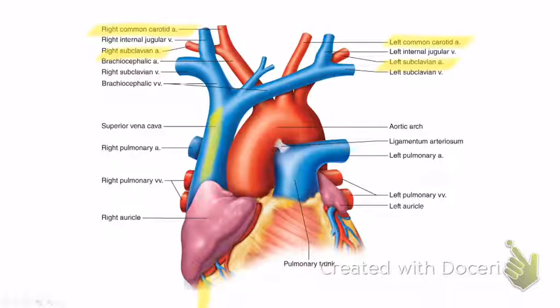Up and down, right? Okay, right and left brachiocephalic vein. It says on both sides there. Right and left subclavian vein. Right and left internal jugular vein.